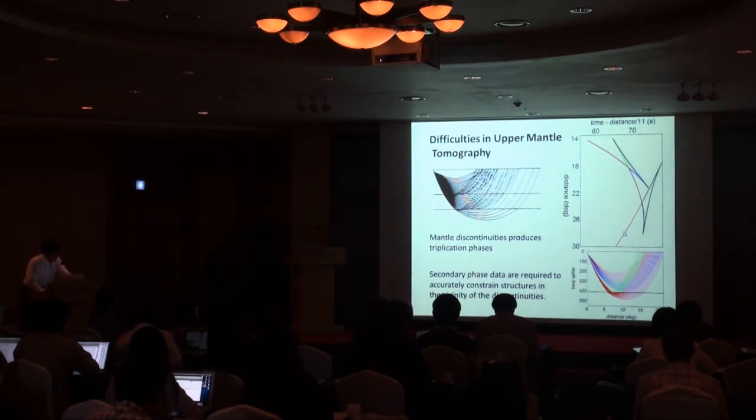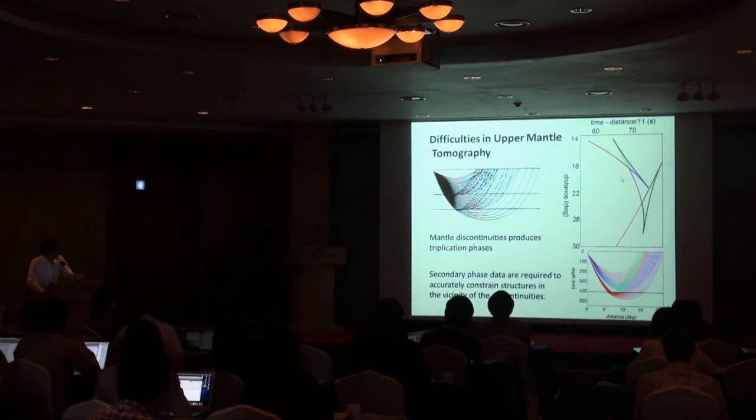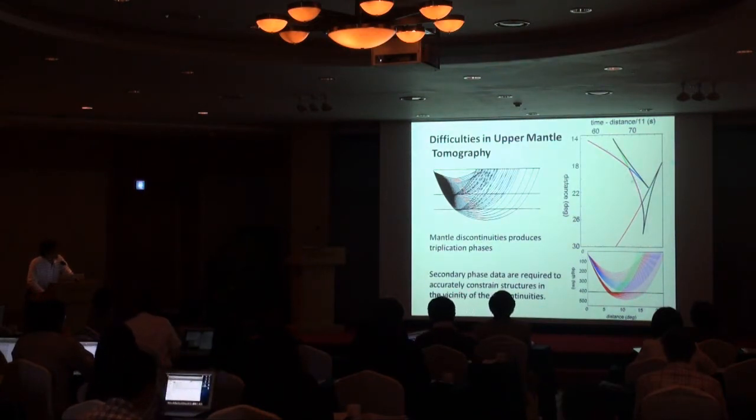As has been pointed out by a previous speaker, one of the most significant difficulties in seismic tomography is the existence of the mantle discontinuities. Due to the discontinuities, travel time curves get very complex, and multiple phases arrive at a single station.